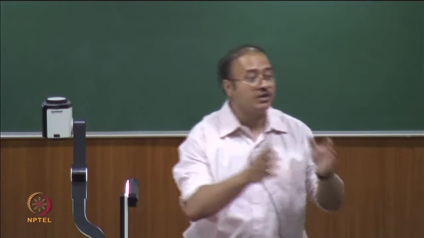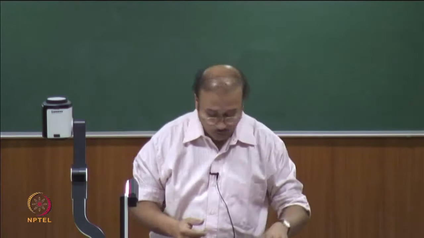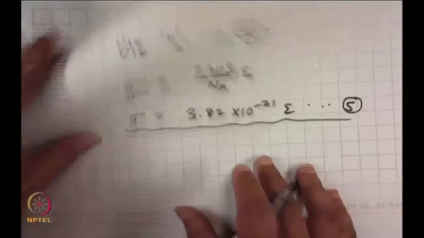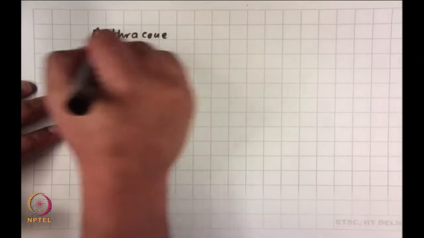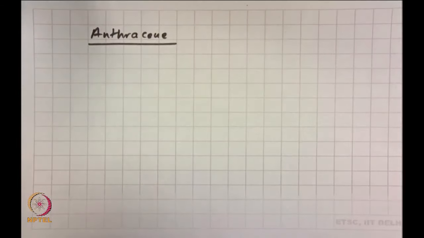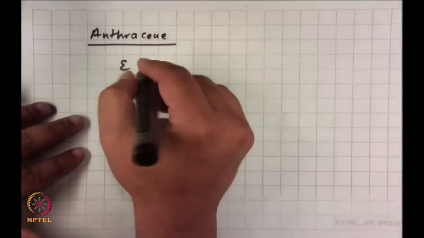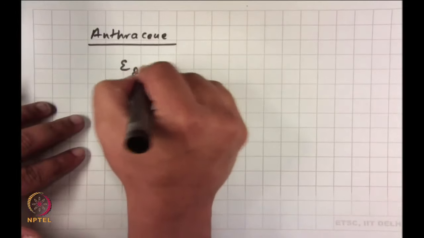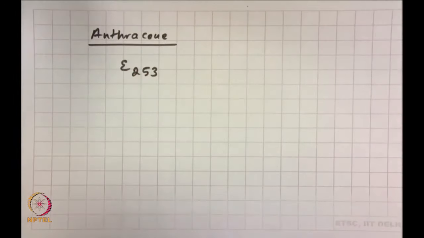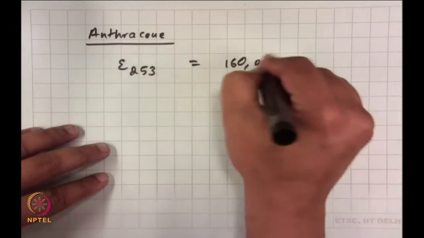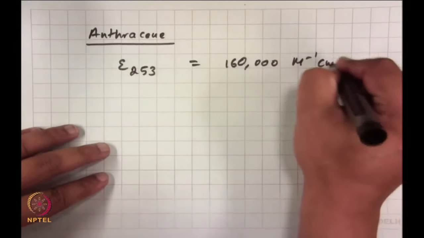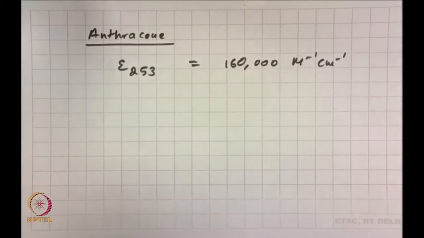Okay. Now, let us see whether we can give an example and try to realize what we are talking about. Say, think about this molecule anthracene. For the molecule anthracene, what you are told is that the epsilon value at 253 nanometers, that means the extinction coefficient at 253 nanometers, is given by this number, 1.6 times 10 to the power 5.